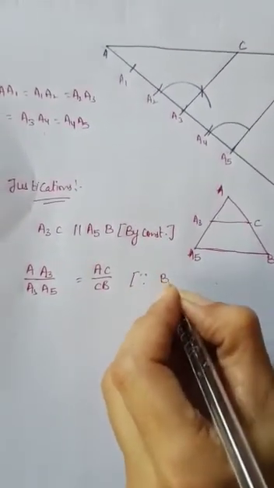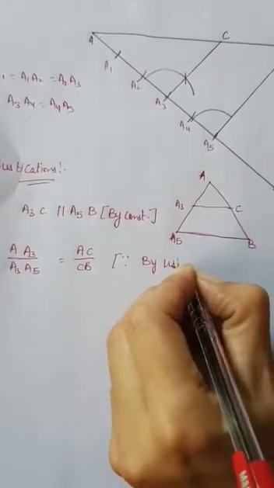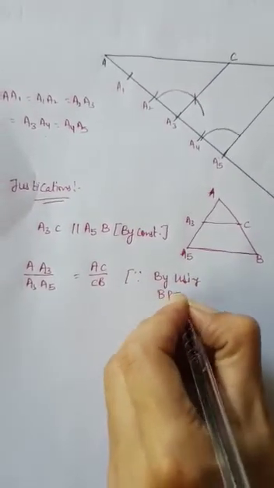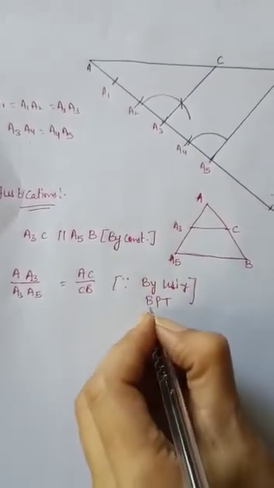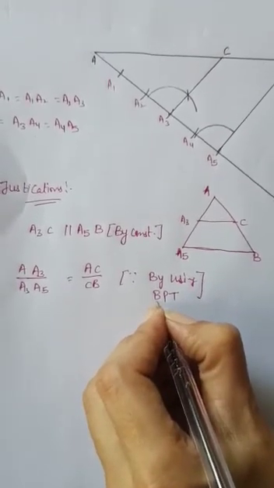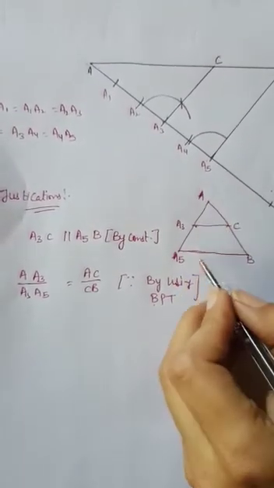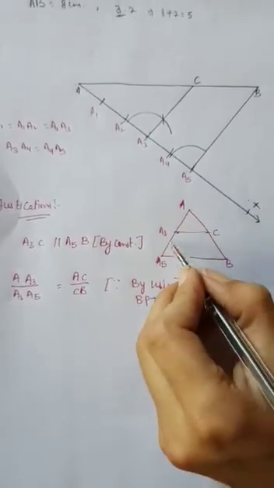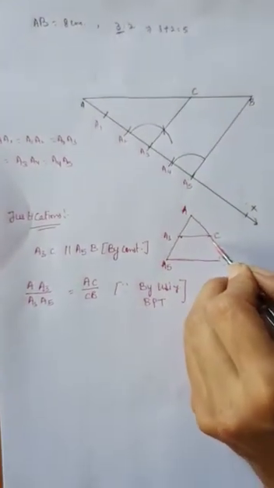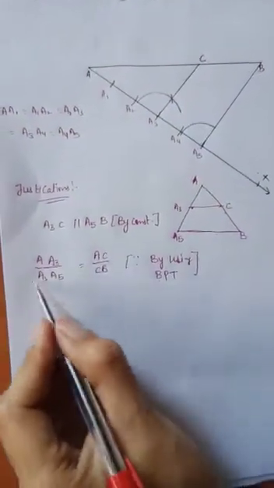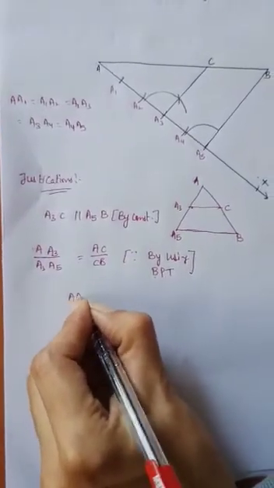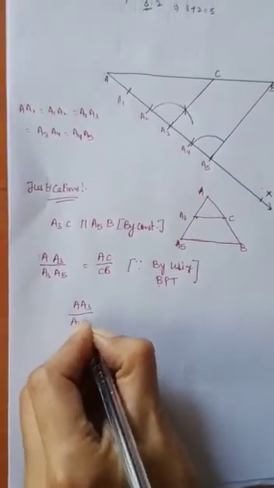This is the BPT theorem, the basic proportionality theorem, or we can say this is the Thales theorem also. If any line is parallel to one side of a triangle, then the other two sides will be divided in the same ratio.